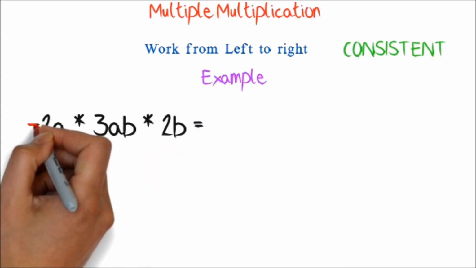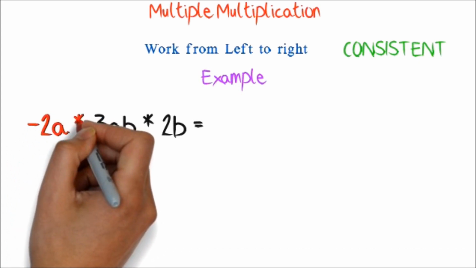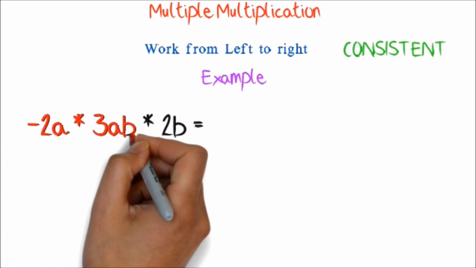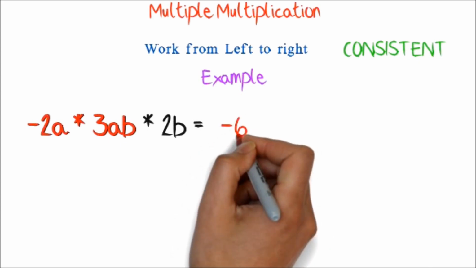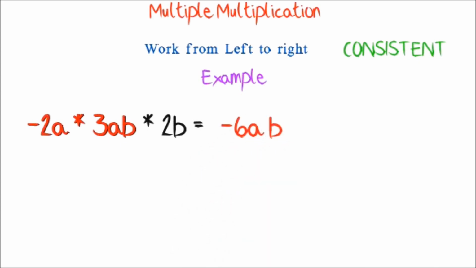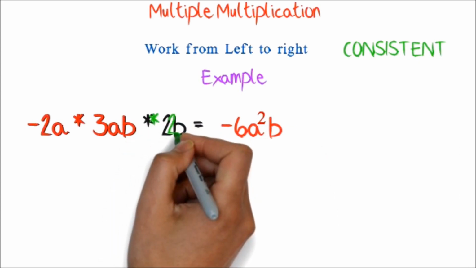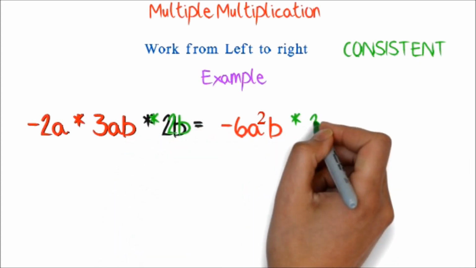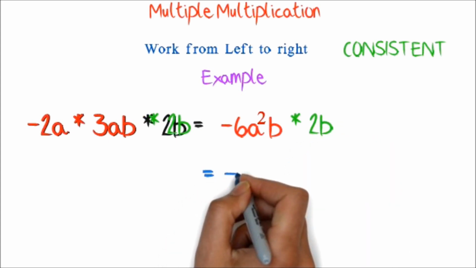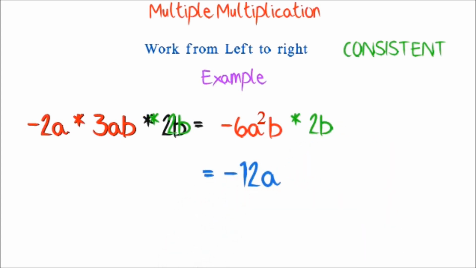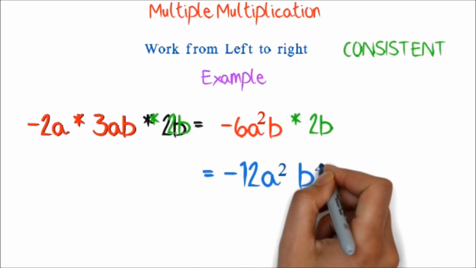Here, we will do the negative 2a times 3ab first to get negative 6a squared b. Then, we'll multiply this by the 2b to get negative 12a squared b squared.